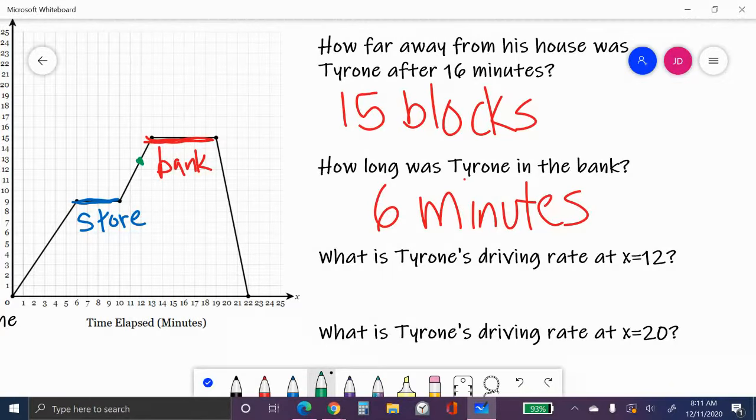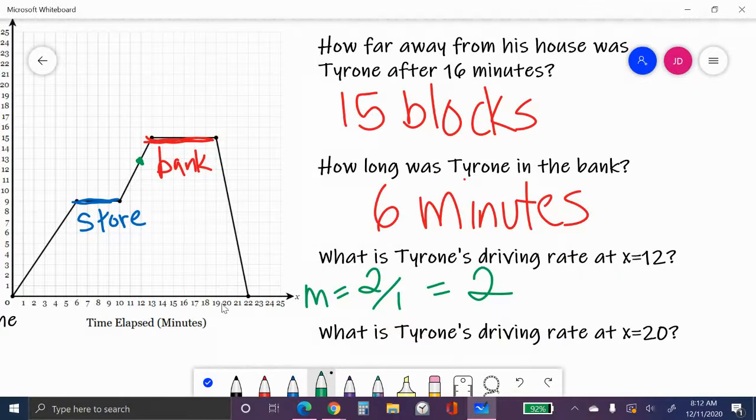So what is that driving rate? He's going at a constant rate of speed from the store to the bank. Another way of saying rate is slope. So the slope from here to the bank is up 2, right 1. So it could be 2 over 1, which reduces to 2. That's his slope.